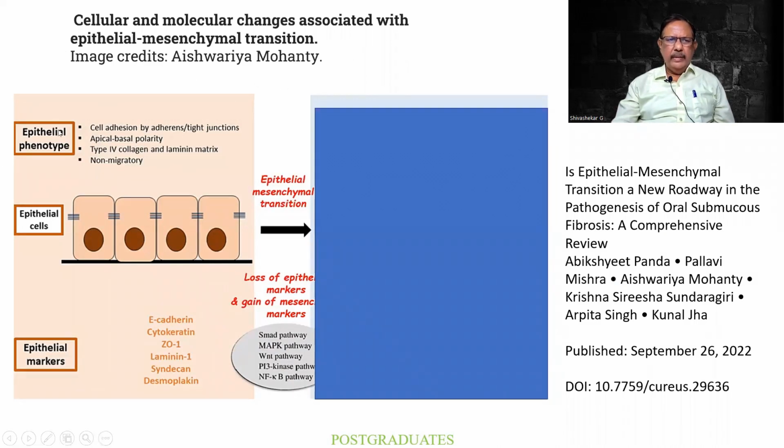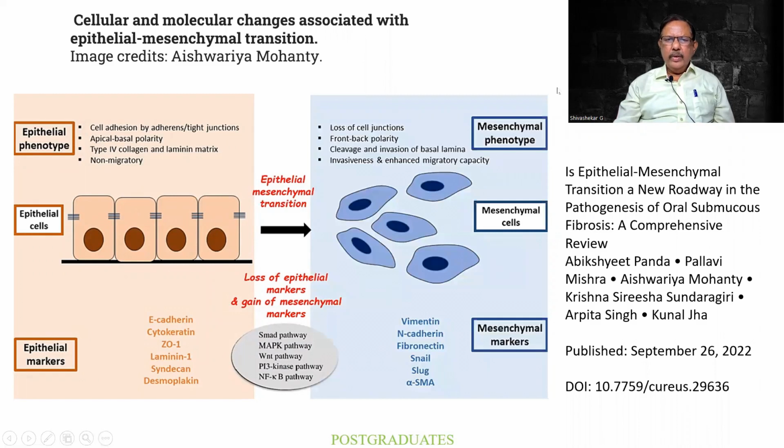He has mentioned the epithelial phenotype, the epithelial cells, and the epithelial markers over here. And then there is a transition. This is a pathway, or intervening factors, something like enzymes. They promote these things. See what is happening over here in the mesenchyme: the mesenchymal phenotype, mesenchymal cells, and mesenchymal markers.